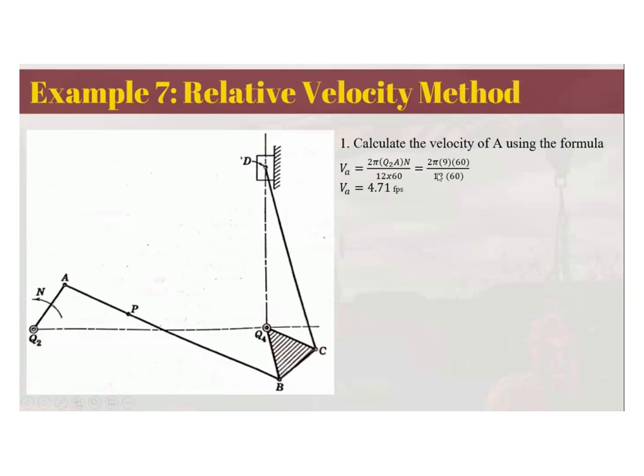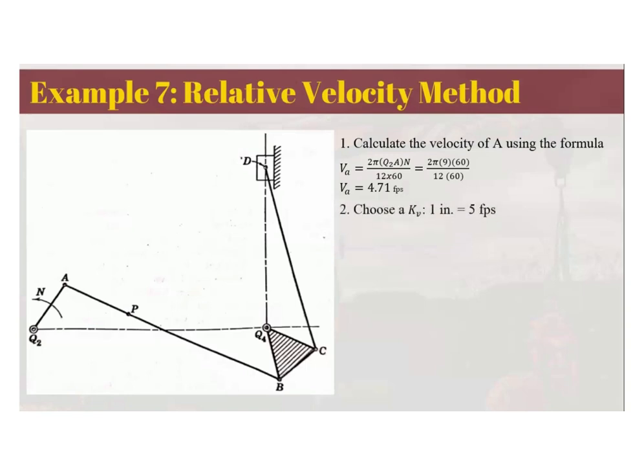Since our given is in minutes, we divide it by 60. Since we are in inches, we divide it by 12, such that our result is in feet per second, or FPS. FPS is more handy because the values are smaller. The velocity of A is 4.71 feet per second. The direction of A will correspond as well to the direction of rotation.